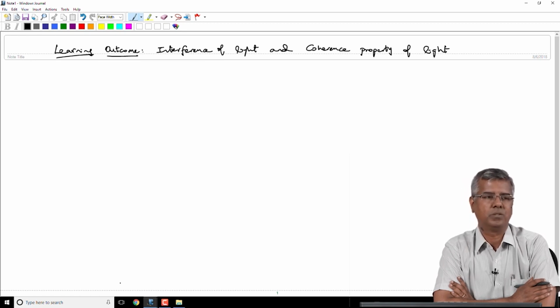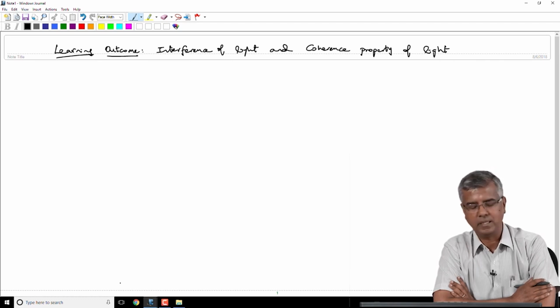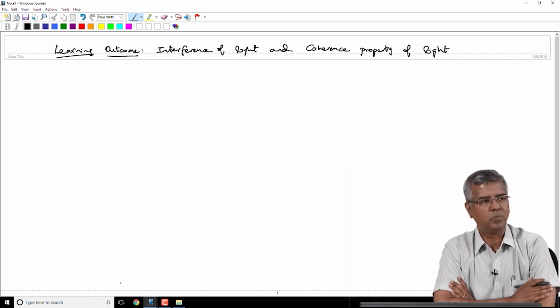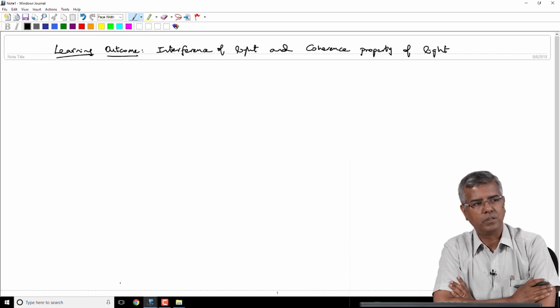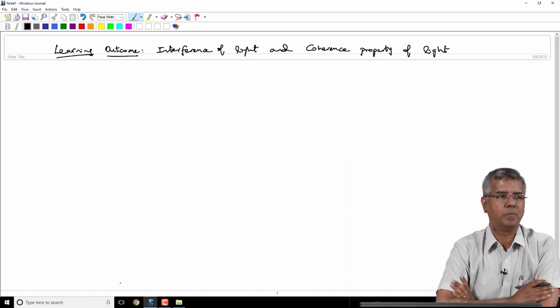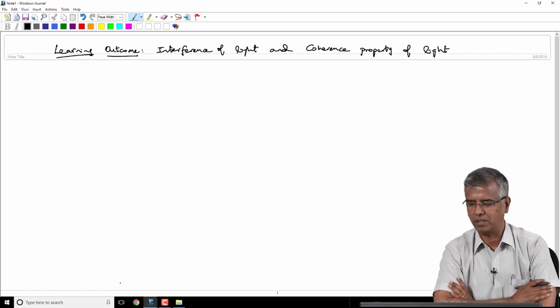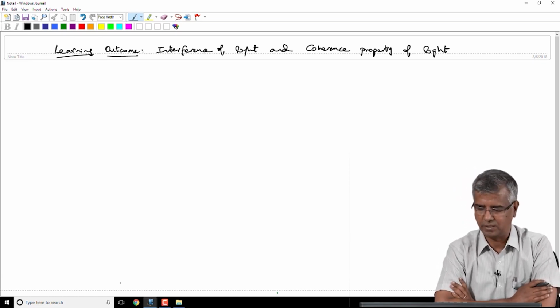So we said, okay, to produce interference, it could be as simple as a Young's double slit experiment, but there could be more specialized configurations, and there could be more specialized functionalities that you could realize out of these configurations. So we'll go on to look at specific configurations that can produce interference, and then we will look at the coherence property of light. Okay, so that's what's coming up in the next couple of lectures.